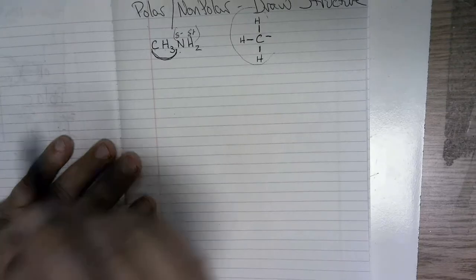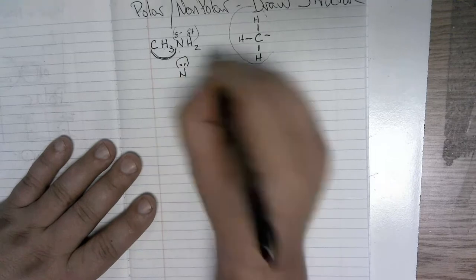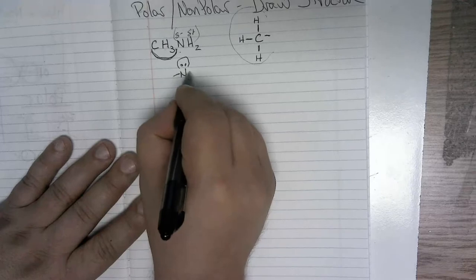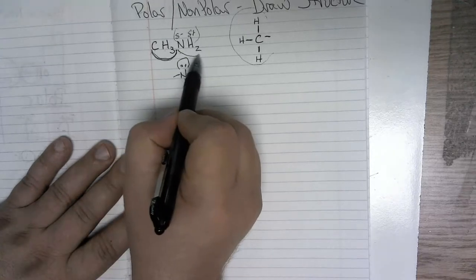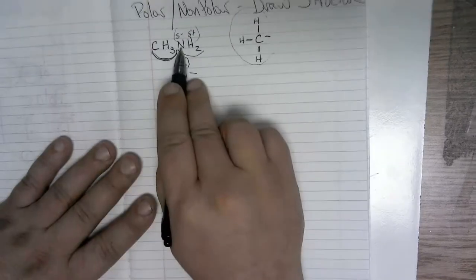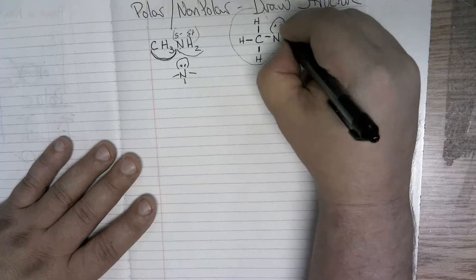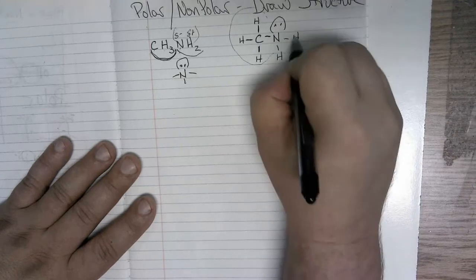Now, nitrogen has a pair that doesn't bond. So nitrogen will always need to make 3 bonds. When I see the NH2, the N is bonded to the carbon, and there's a lone pair, and then the other 2 bonds are just the hydrogens.